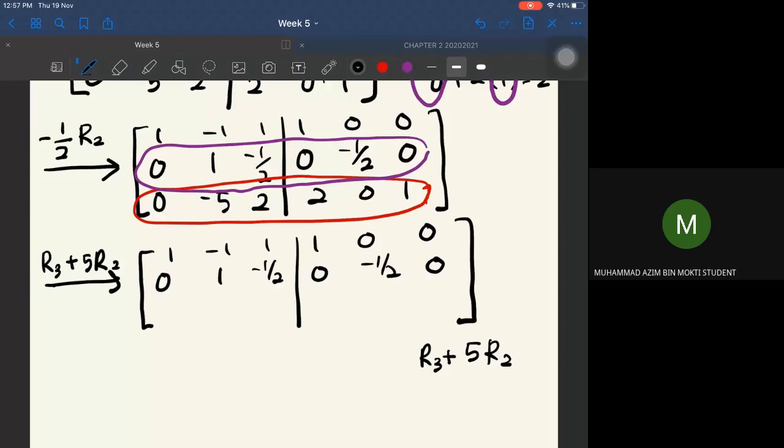So the first value is 0. So the first second one, you akan dapat kosong lah. Negatif 5 tambah 5 darat 1. So you dapat kosong. So the third one, you akan dapat apa nilai dia? 2 tolak 5 per 2. Betul.